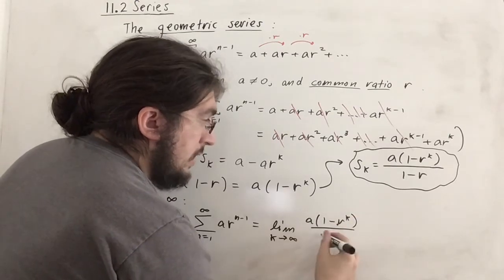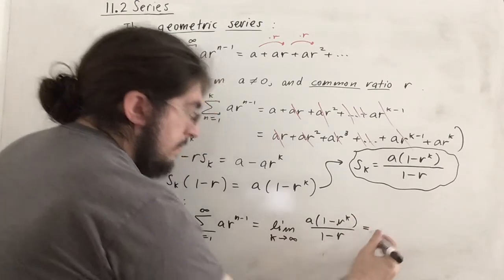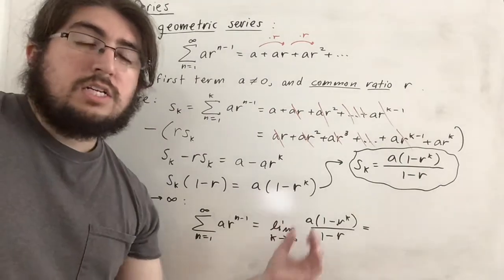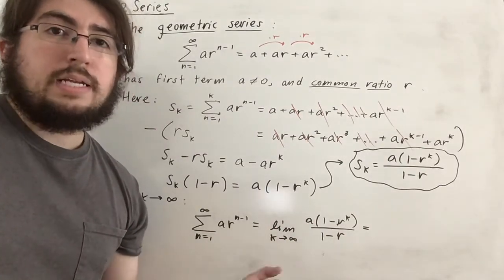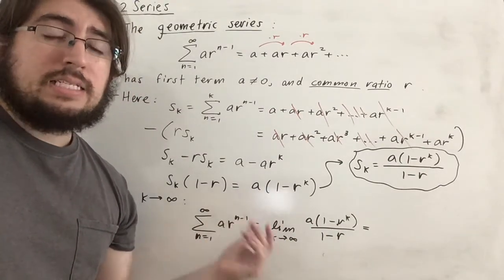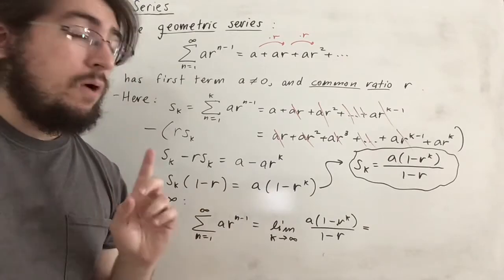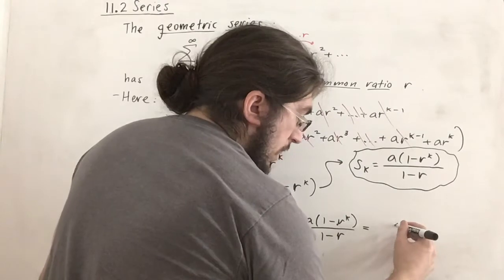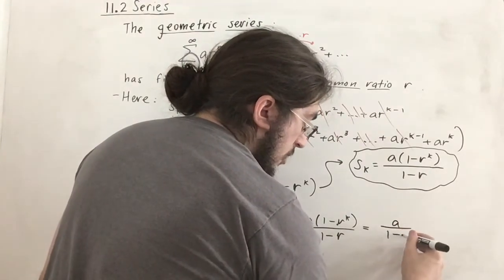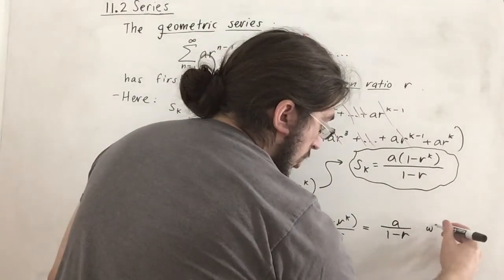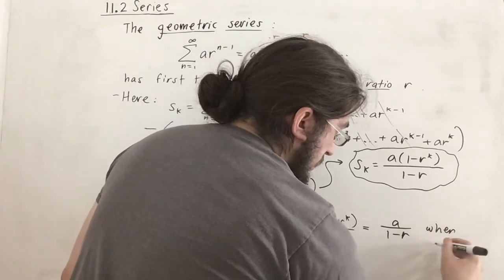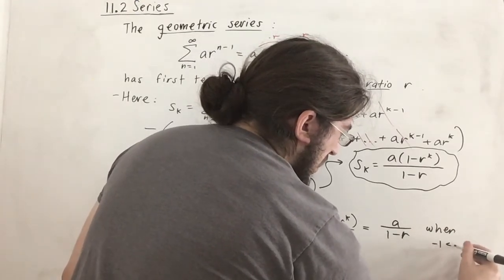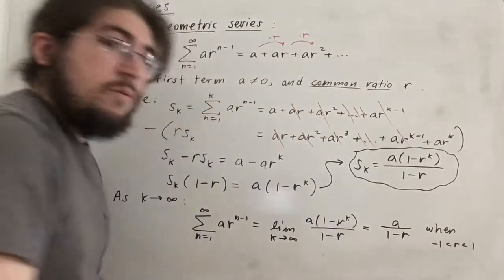And by limit laws and a bunch of other things we saw in 11.1, r to the k goes to what? It goes to 0 as k approaches infinity only when r is in between negative 1 and 1. So this will actually approach a over 1 minus r only when r is in between negative 1 and 1.